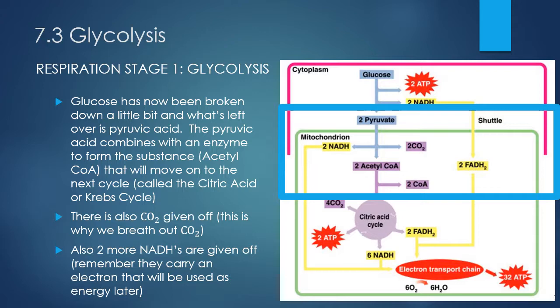So you breathe out carbon dioxide, you're getting rid of that as a waste product after this reaction has taken place. And so we now have our acetyl-CoA and some more electron NADH carriers that have been given off, and those are going to go into our next step of our cycle.